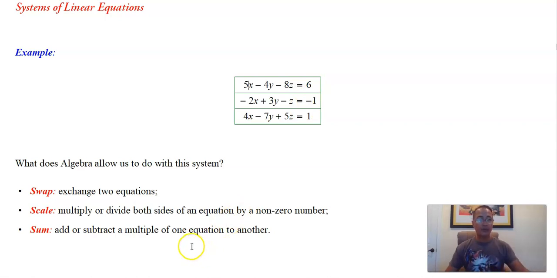We will say that more succinctly as add or subtract a multiple of one equation to another. For example, you have a minus 2x in the second equation and a 4x in the third equation. So if you want to eliminate the x, you can just multiply the second equation by 2, both sides, and then add the corresponding sides to the third equation.